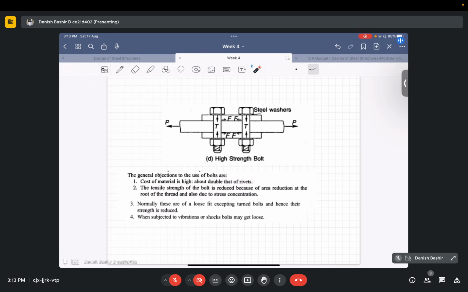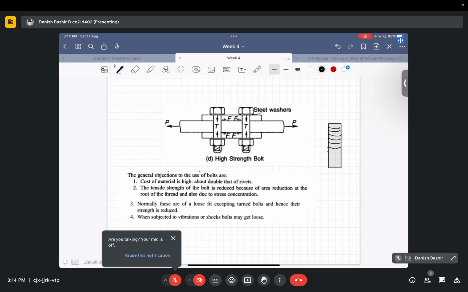The tensile strength of the bolt is reduced because of the area reduction at the root of the thread, and also due to stress concentration. Like I told you, if we have a shank like this, on the shank we have threads like this. Because of threading on the shank, we reduce the effective cross sectional area, because of which the tensile strength of the bolt is reduced.